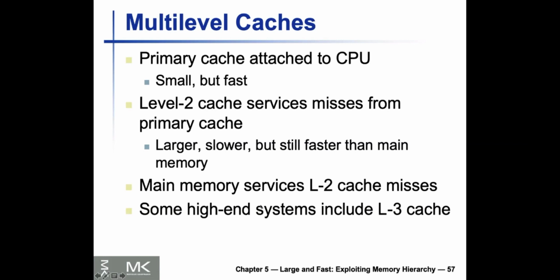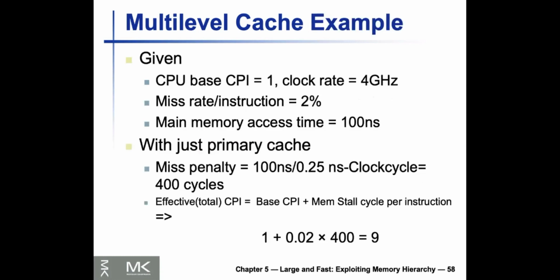So let's see, if you have multiple levels of caches, how are we going to adapt these methods to those? All right, let's have a question. Assume that we have a CPU with a base CPI of 1, everything is perfect, and the clock rate of the CPU is 4 gigahertz.